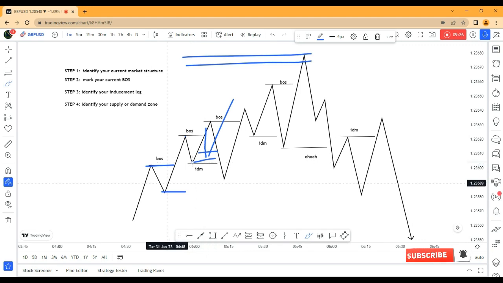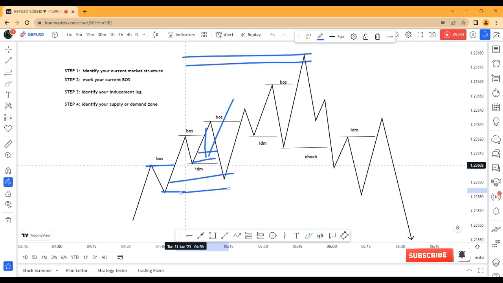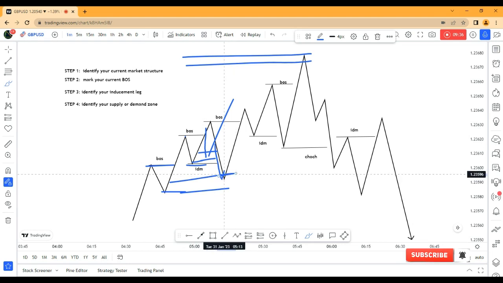So you wait. After you find your demand zone here, you wait for this inducement to be grabbed. If this inducement is swept, a liquidity sweep, then you take your position down here, and that's your first entry model. This is a high probability entry model.